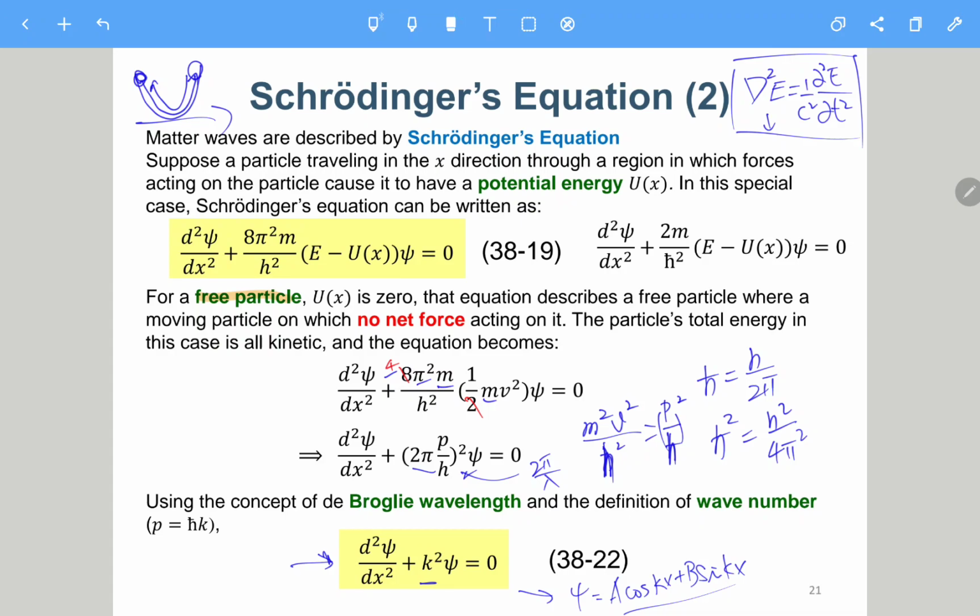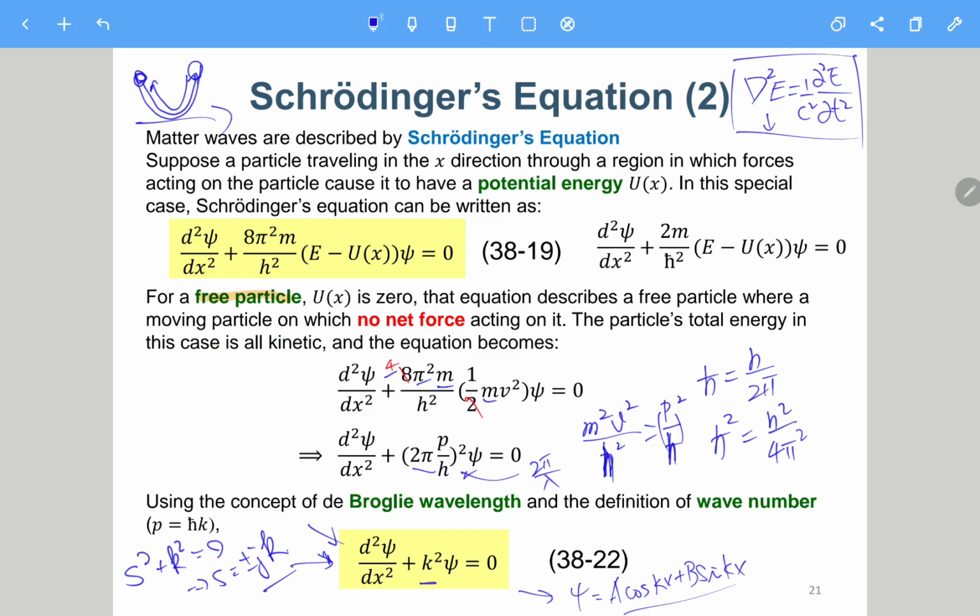But if you still remember how we find the solution, the second derivative we change to s squared, and then plus k squared, and then this is the original function, so this is nothing but 1, so it equals 0, and then we will get s equals plus or minus j times k.